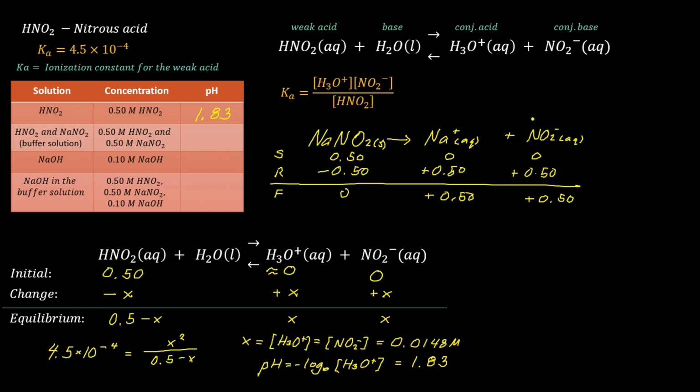The effect of this is that you added more nitrite ion to the solution that already has nitrite ion. So instead of having 0 here, this will be replaced by 0.5. And in effect, that will shift our equilibrium slightly, pushing it towards the left.